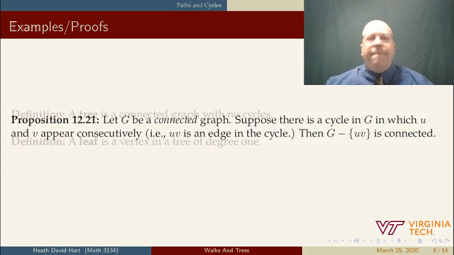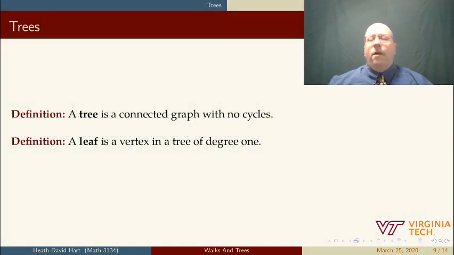So let's keep going. A couple more definitions. There's one more definition after this one, but this is getting close to the end. A tree is a connected graph that has no cycles. Here's an example of a tree.